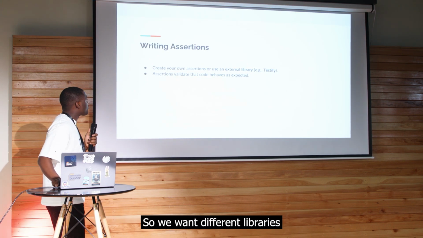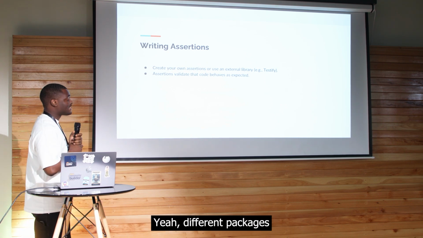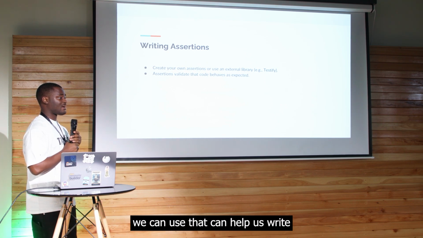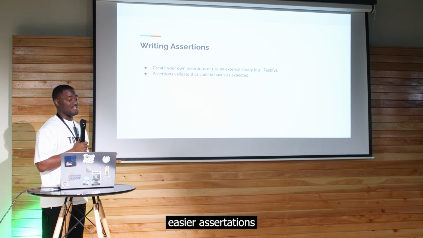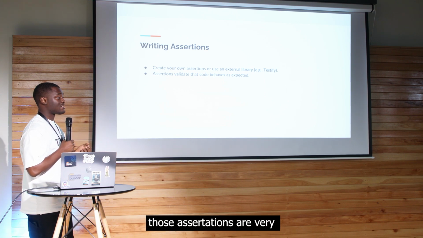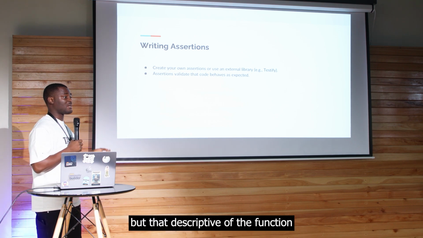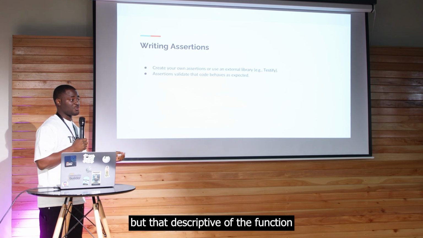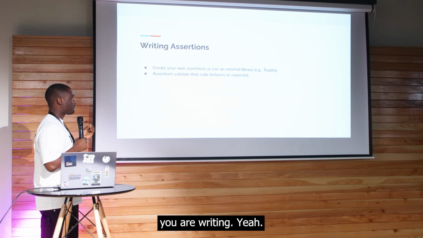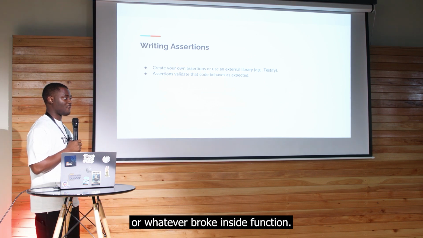There are different libraries we can use, I'll talk about that at the end. There are different packages that can help us write easier assertions. But if we're writing our assertions ourselves, we want to ensure that they are very descriptive. They're straight to the point, but descriptive of the name of the function you're writing, or whatever broke inside the function.